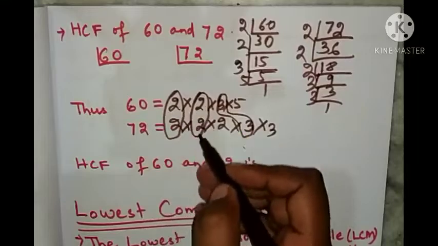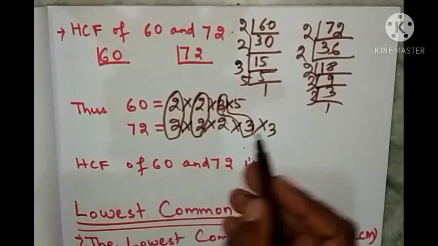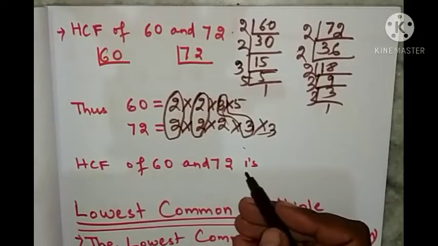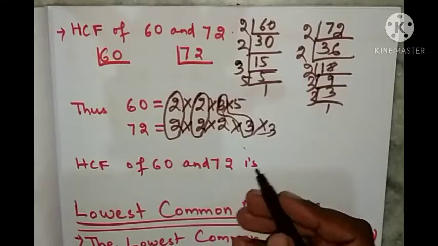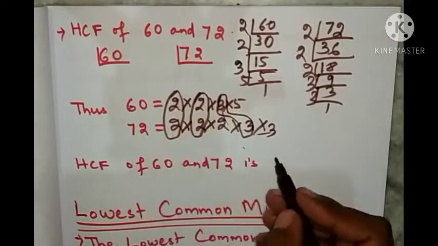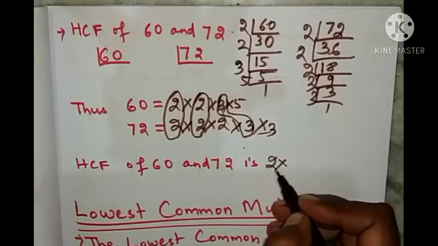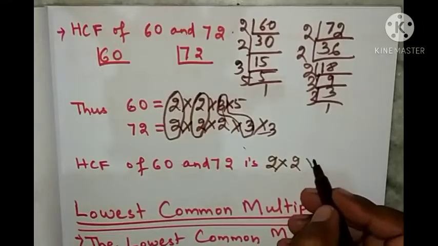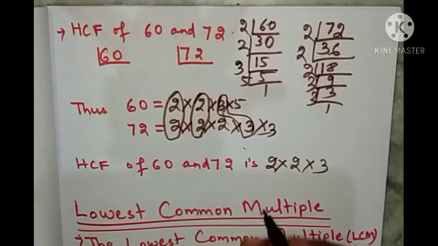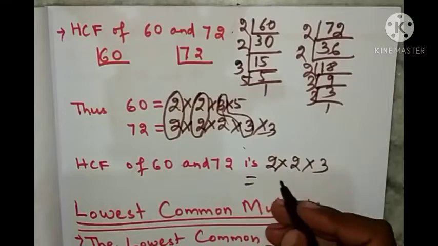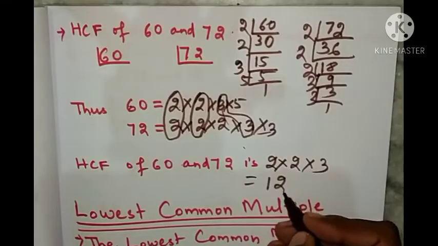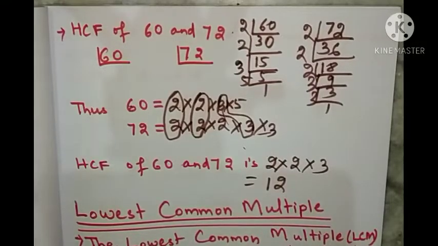So these are the common factors. So the HCF of 60 and 72 is how much? The highest common factor is 2 into 2 into 3. 2 times 2 is 4, times 3 is 12. So 12 is the highest common factor.